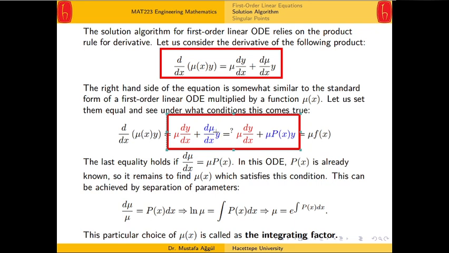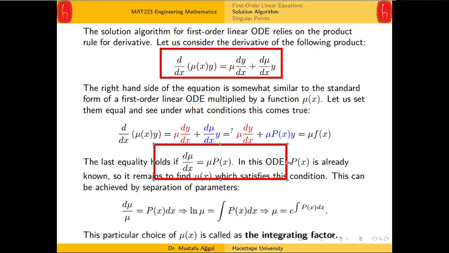Now the last equality holds if d mu dx times y, basically y will be eliminated because it's a common term on both sides, so d mu dx is equal to mu times p(x). If this holds, then this whole equality will hold because the first terms are the same.